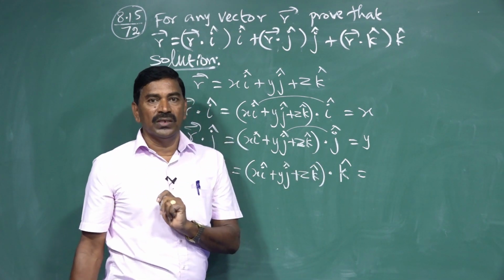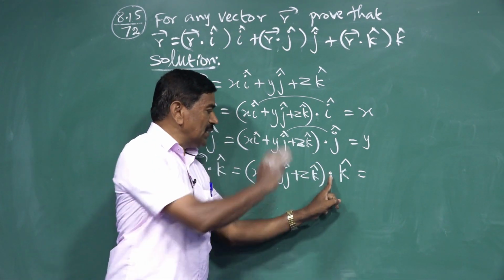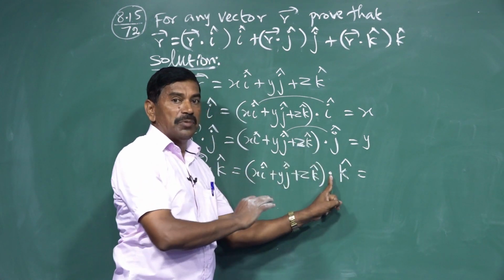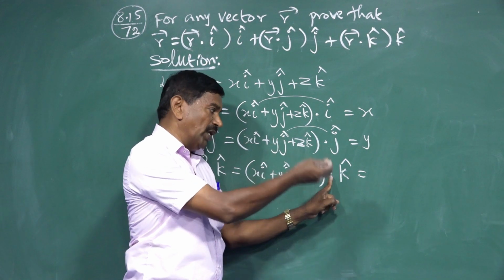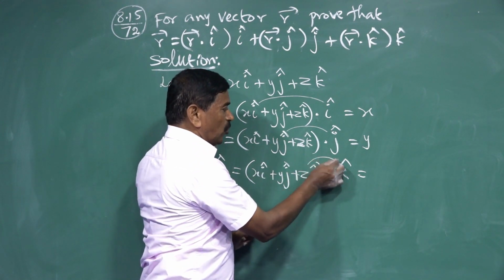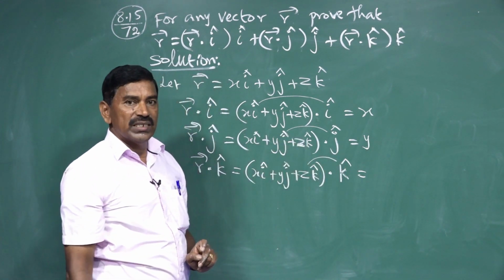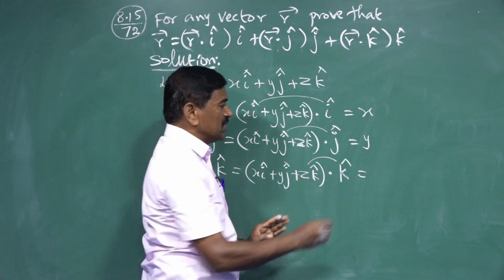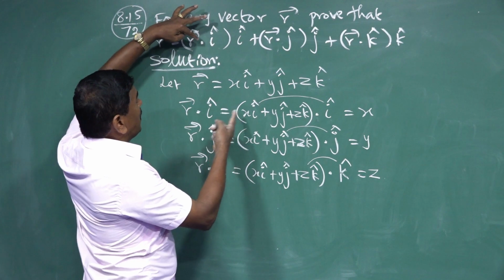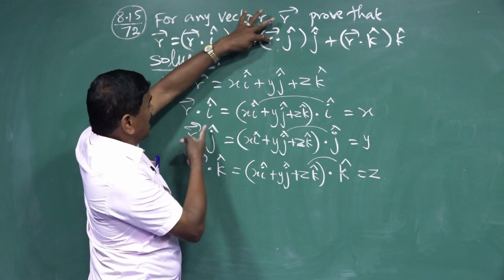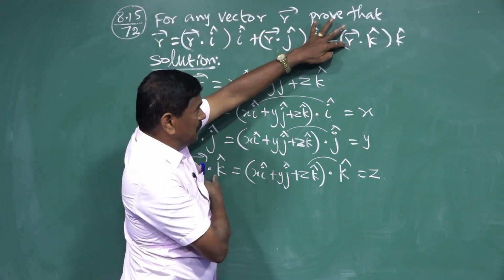It is enough to multiply only the coefficients, that is k to k. What is your answer? Z into 1 is equal to z. Remember the first bracket answer, second bracket answer, then third bracket answer.